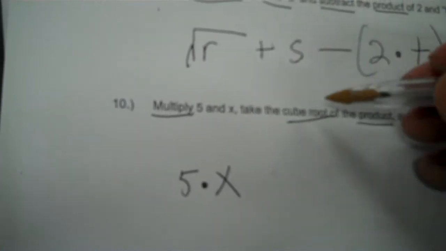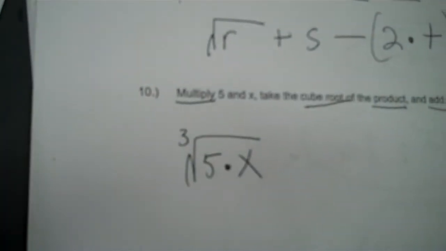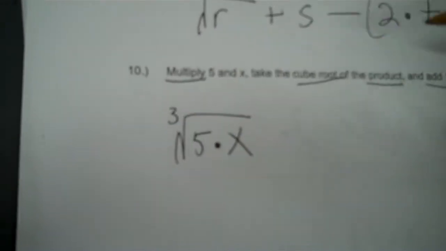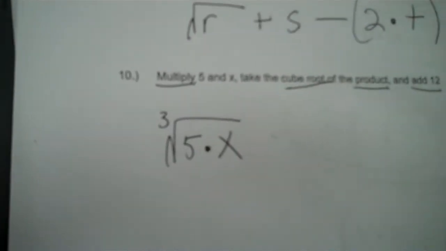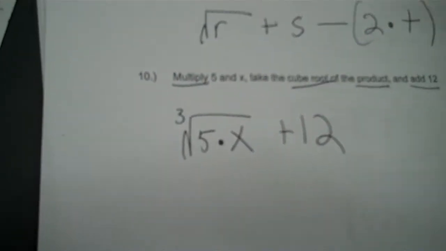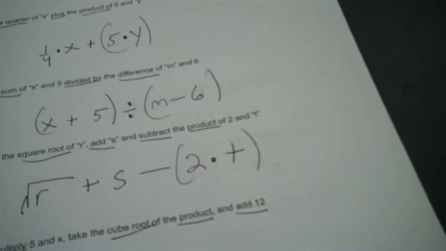Cubed root of the product means you just put a cubed root because that does represent a product, because you really don't have anything else. You've already written 5, you wrote x. You got 12, but that's for adding. So I just put a cubed root and then the product, 5 times x. We'll take the cubed root of that product, then add 12. Okay, right there. We put that away.